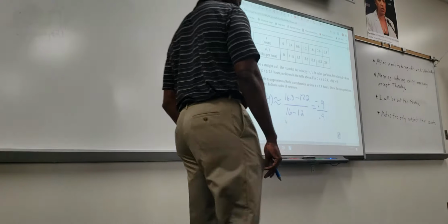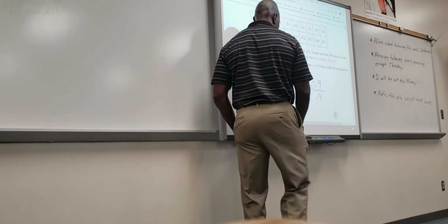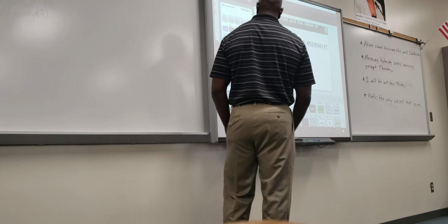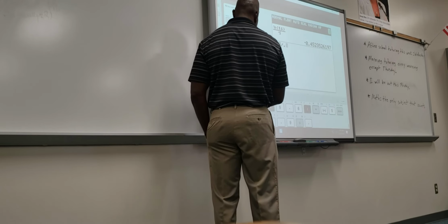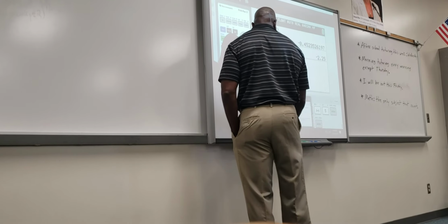The bottom is positive 0.4. And so since this is a calculator question, I guess I can get the negative 0.9 divided by 0.4. So negative 2.25.